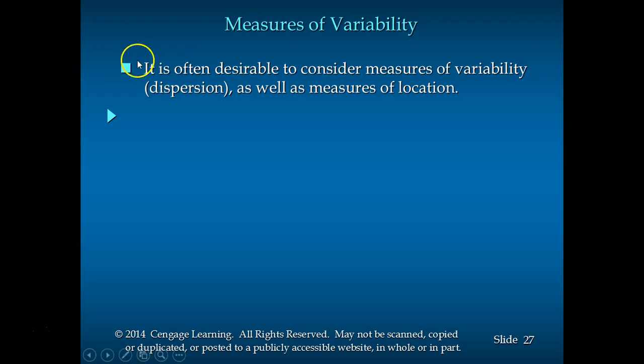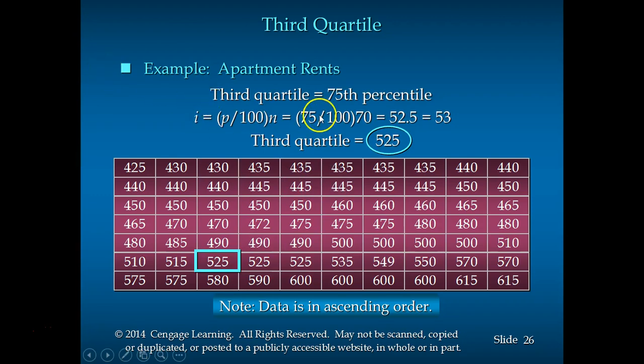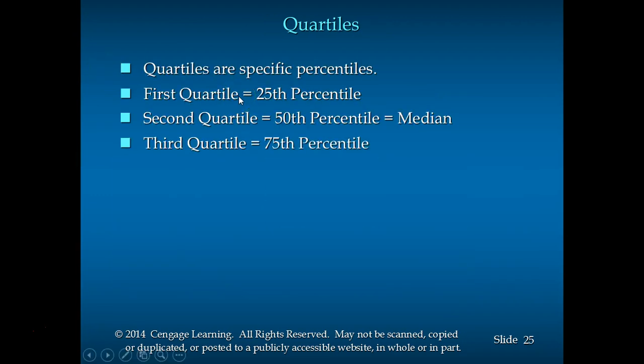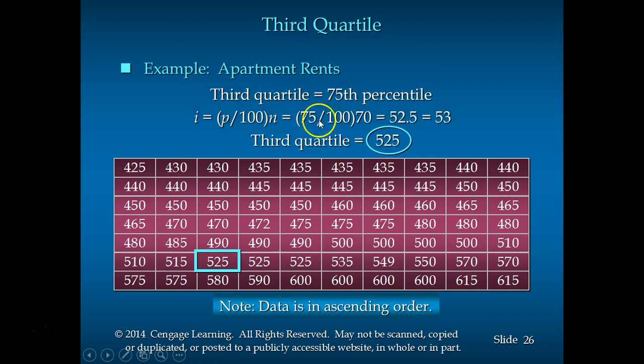Now, what about the first quartile? We talked about it. It's going to be 25 over 100 times 70. That's 1/4 times 70, so 70 divided by 4.